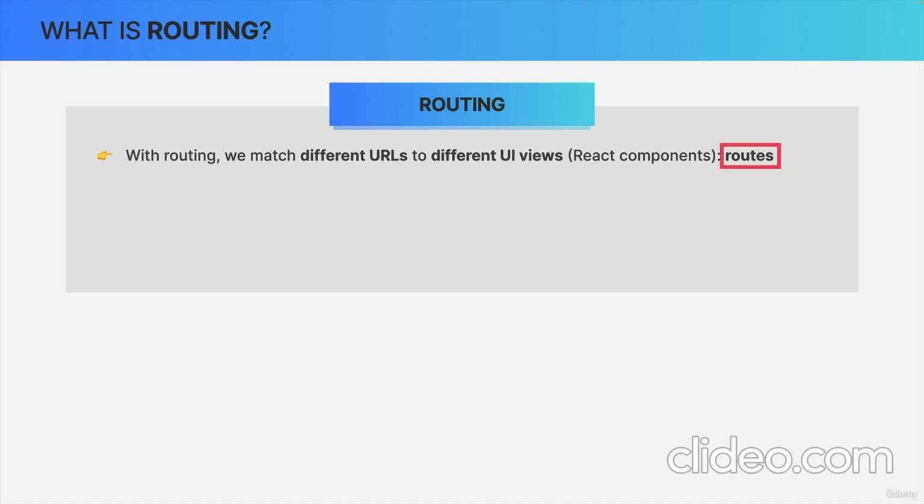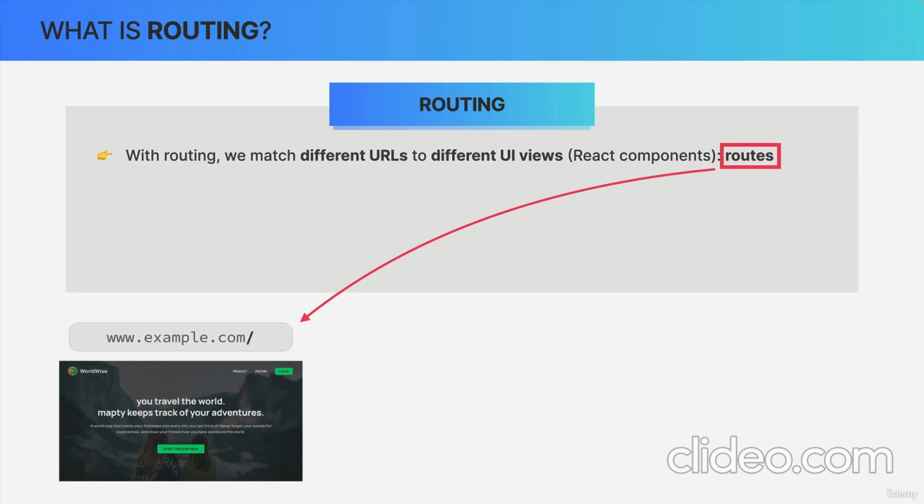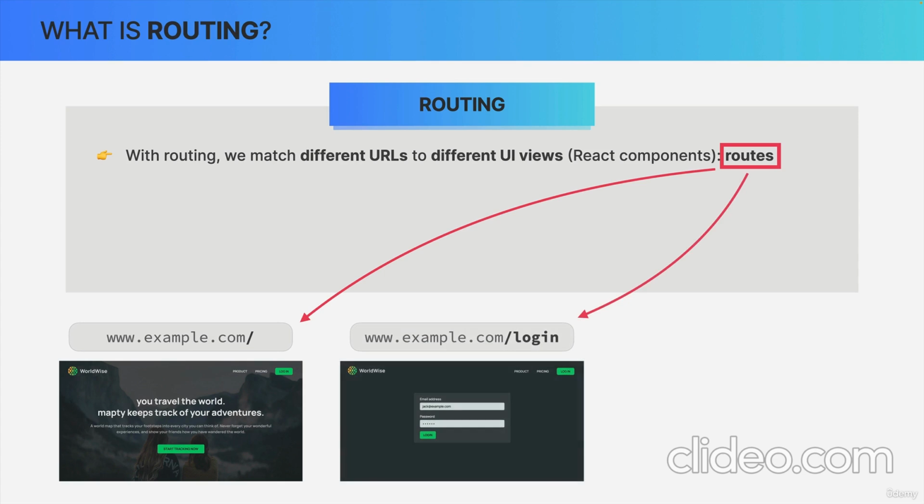Then, when one of those specific URLs gets visited, the corresponding React component will be rendered. For example, we could show this home page, so this home component, whenever a user visits the root URL of example.com. But when they go to /login on the same URL, we then show the login component.